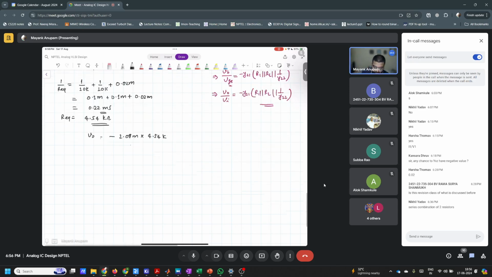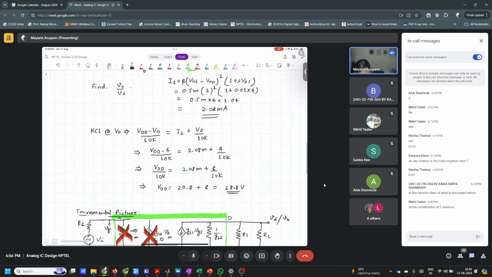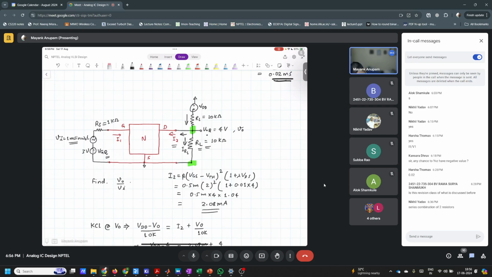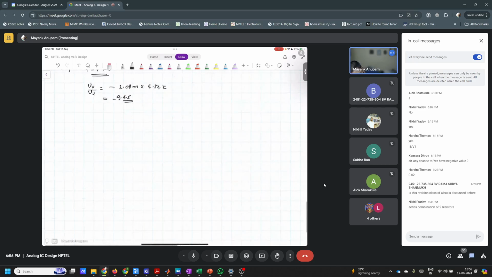So if I give an input Vi of 1 milli sine omega naught t, how much should I expect at Vo? Minus 9.45 millivolts sine of omega naught t. Got it?